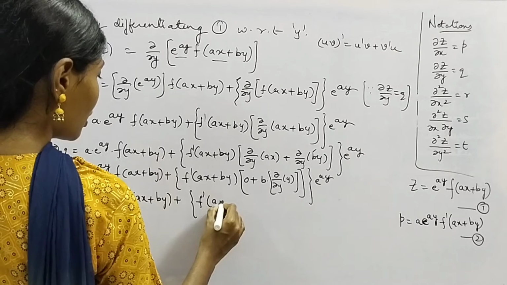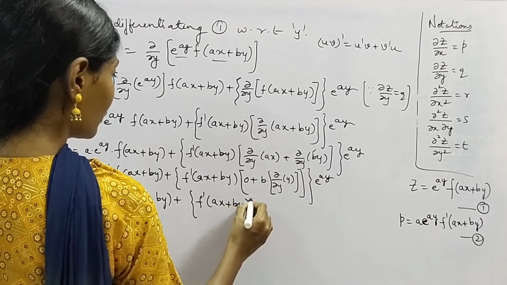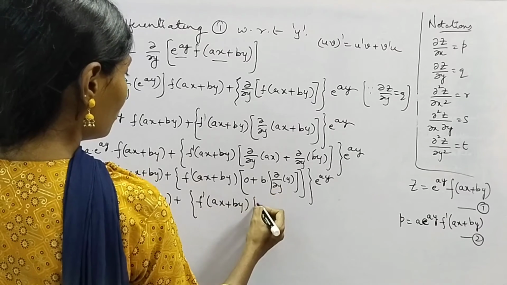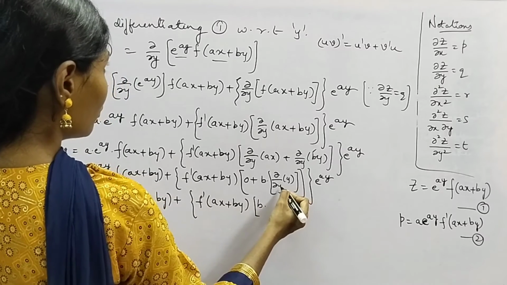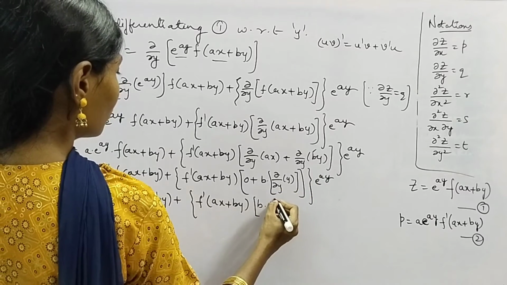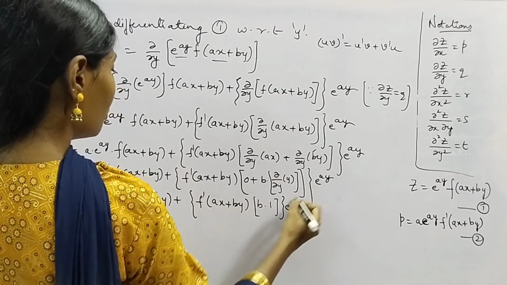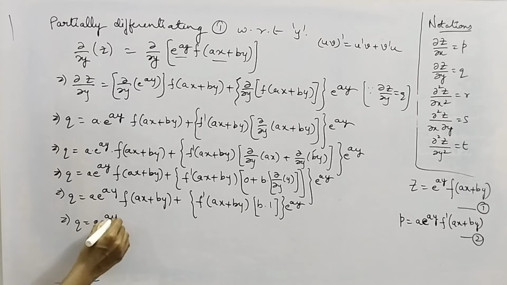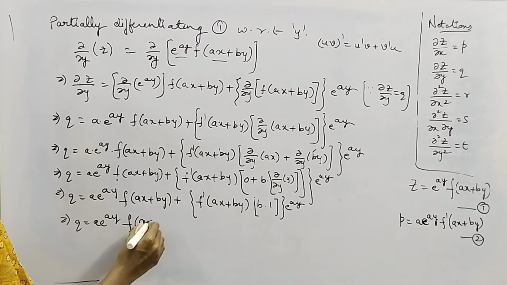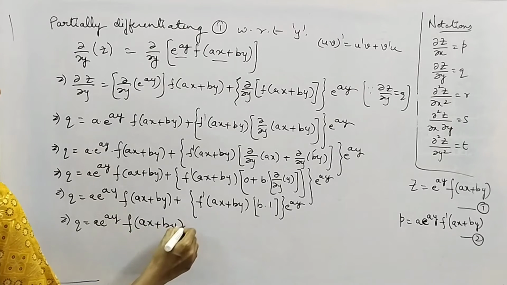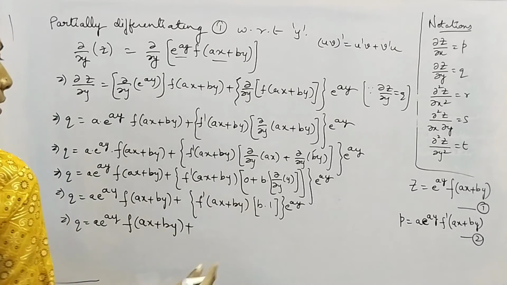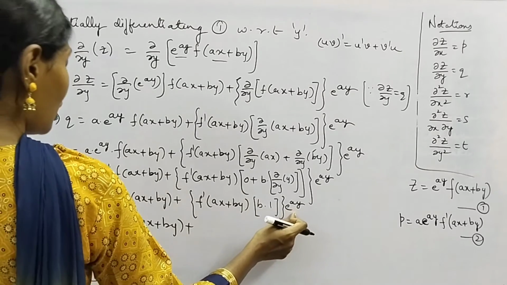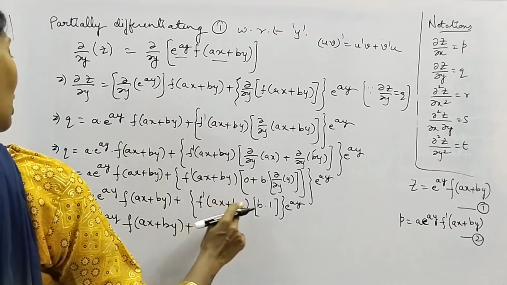f dash of ax plus by into b into derivative of y with respect to y is 1, b into 1 into e power ay, which gives us q equal to a into e power ay f of ax plus by plus b into e power ay into f dash of ax plus by.